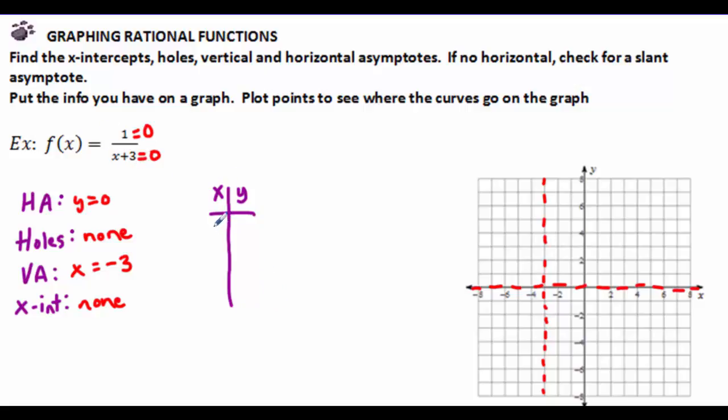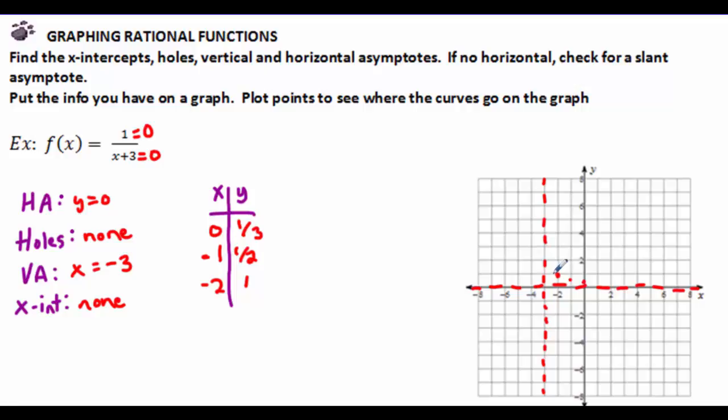If I pick 0 and plug it in here, I'd get 1/3. With -1, I get 2 on bottom, so that's 1/2. And with -2, I get a 1 on bottom, so that gives me 1. That helps me figure out some points that I can plot.